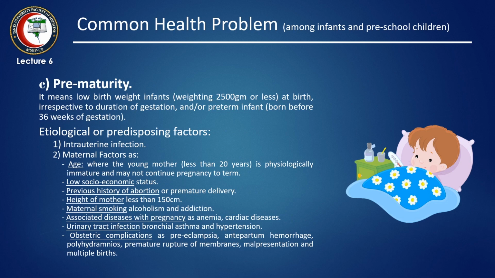Finally, obstetric complications, including preeclampsia and antepartum hemorrhage, malpresentation, and multiple births, in addition to polyhydramnios and premature rupture of membranes.